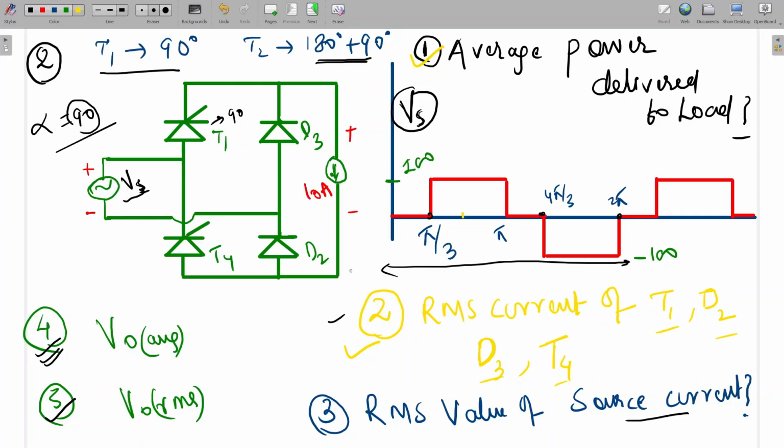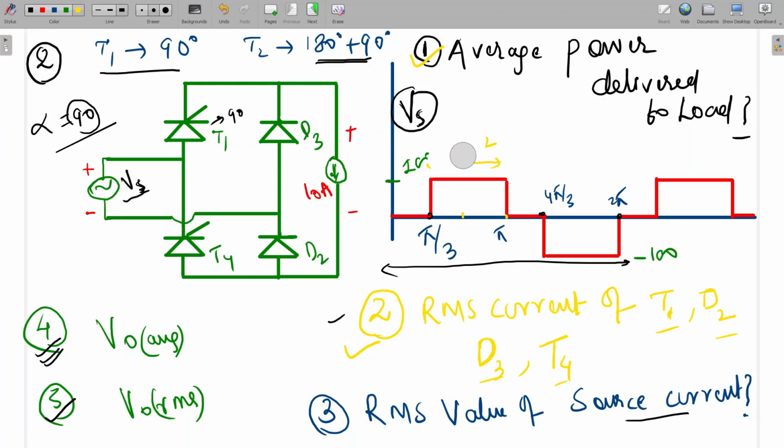So now I am going to draw the waveform of T1. T1 will be fired at alpha, so from alpha to pi, T1 and D2 will conduct. At this point, since T4 is fired here, see, no, one second. I've made some mistake here.